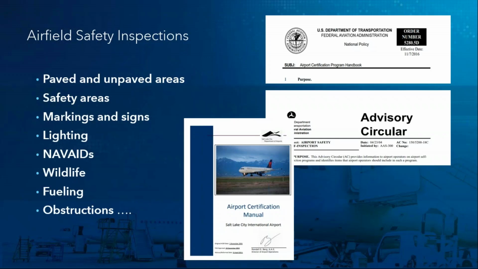So what we're going to show you today is that complete workflow of your daily airfield inspection process. That includes whether you're linking to an existing work order management system, as we're going to show you today with CityWorks, or, lacking that, you also could use Esri's Workforce to achieve the same end.